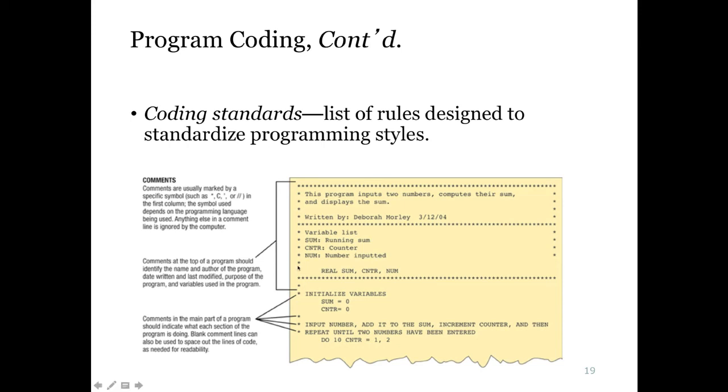In this case, you can see everything included in the asterisks. They are not code that will be executed, but they tell you what this program is doing, how many inputs it has, what the outputs are, what the results are, and who wrote it in which year. And you can see the variable list.